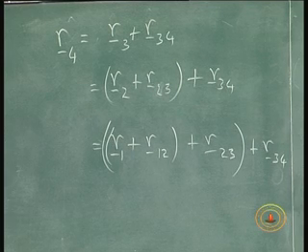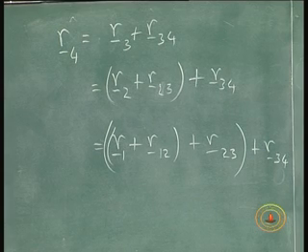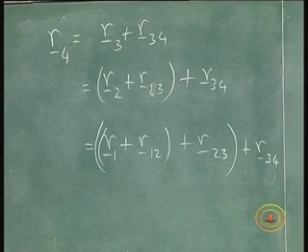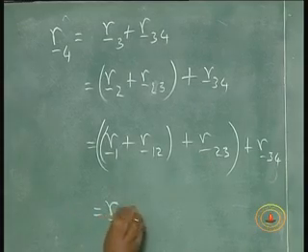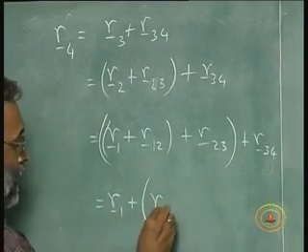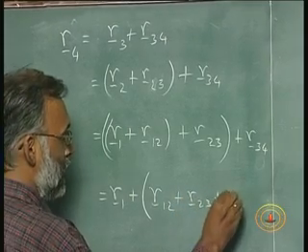But this is where some rules about vector addition come in. The brackets do not matter. So I can as well write this as R1 plus R12 plus R23 plus R34.